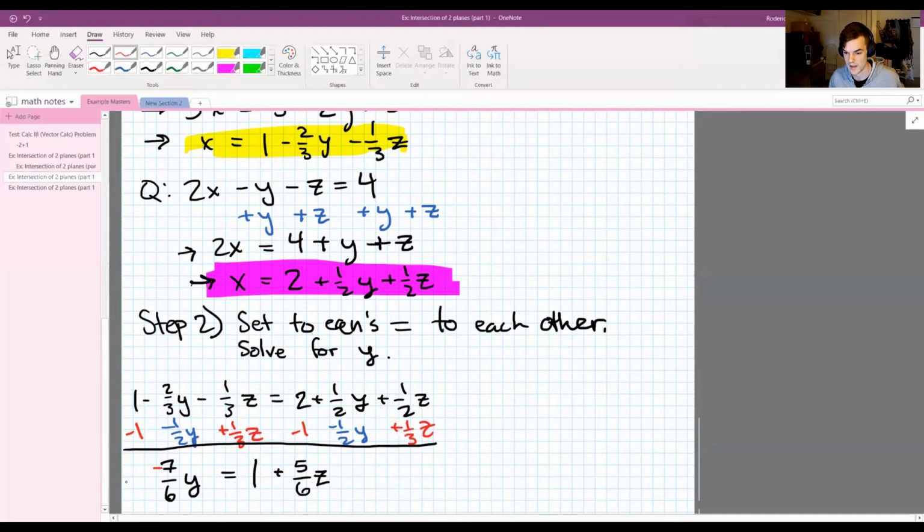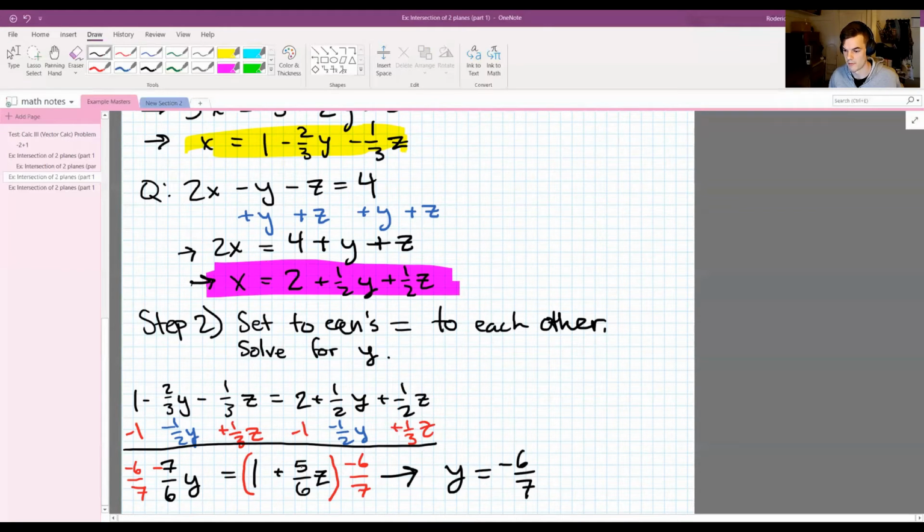Now we need to cancel out the minus 7/6 by multiplying both sides by minus 6/7. Y equals minus 6/7.